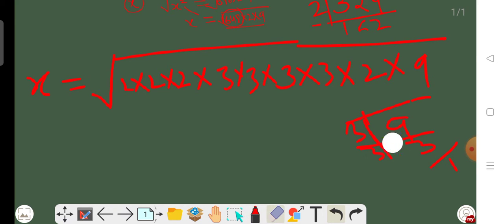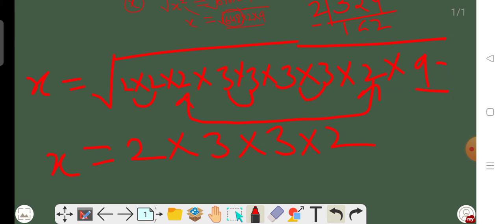Now we have to find the square root. To find the square root we have to take one number from each pair. Out of this pair we will write 2, out of this pair we will write 3, and out of this pair we will write 3, and out of this pair we will write 2 again.